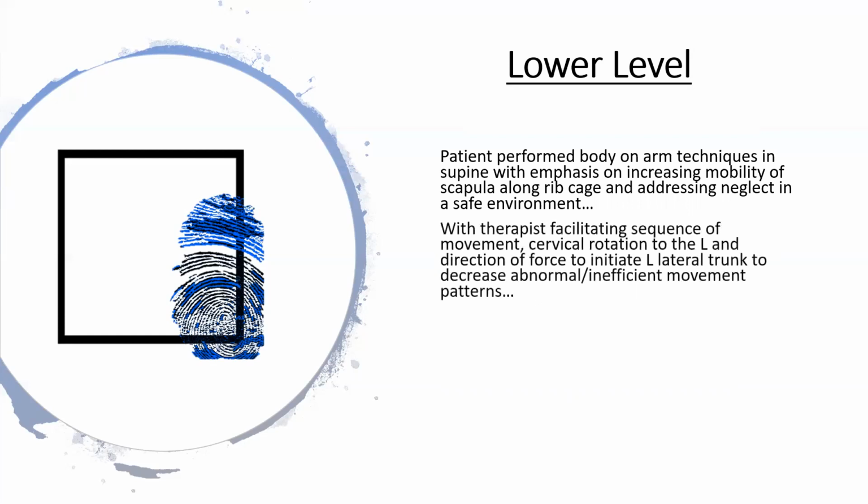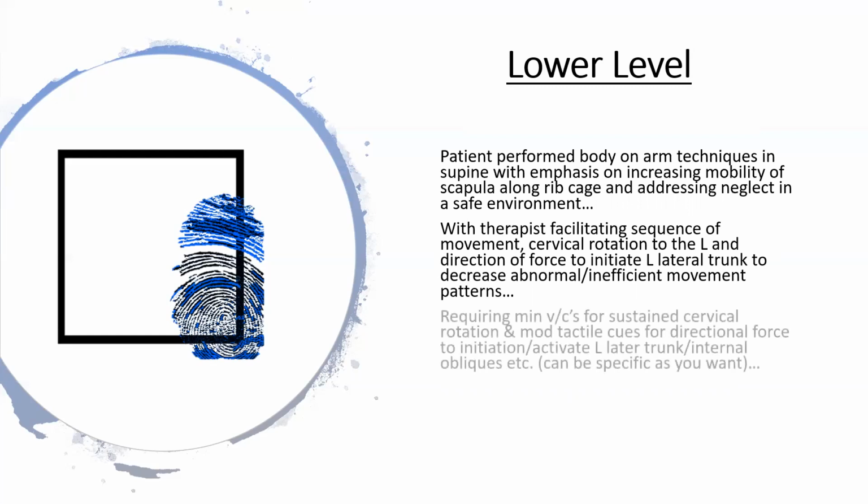So what did I do when they did all of that? I, the therapist, facilitated the sequence of movement, cervical rotation to the left, and direction of force to initiate left lateral trunk to decrease abnormal or inefficient movement patterns.